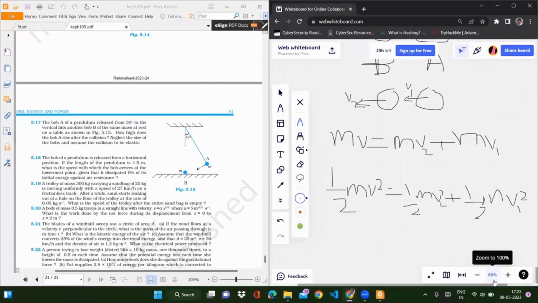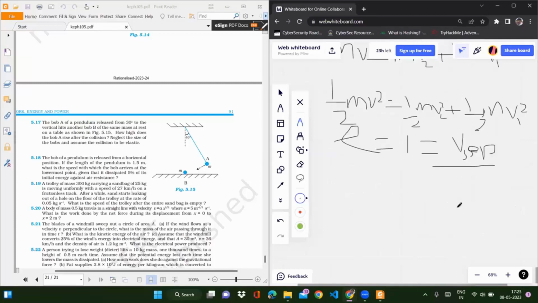From this, we will see that v2 comes out to be v and v1 must be 0. There is also the coefficient of restitution, which is 1 for an elastic collision, and it is given by velocity of separation by velocity of approach.